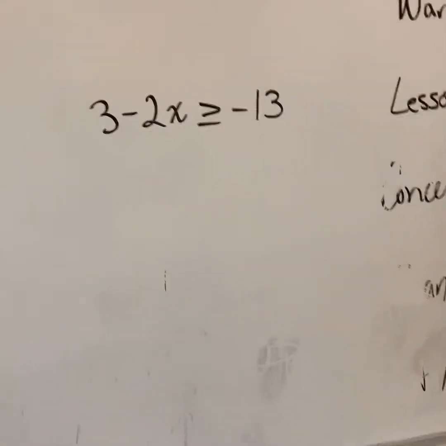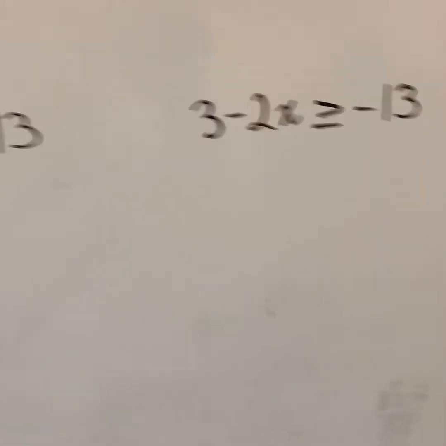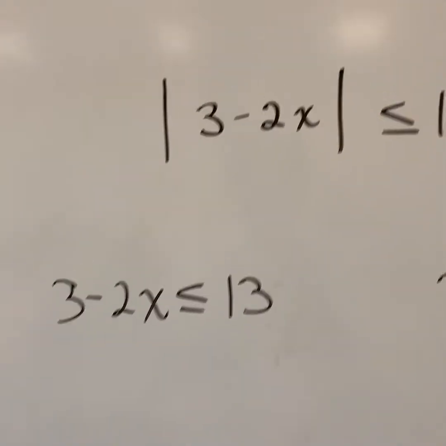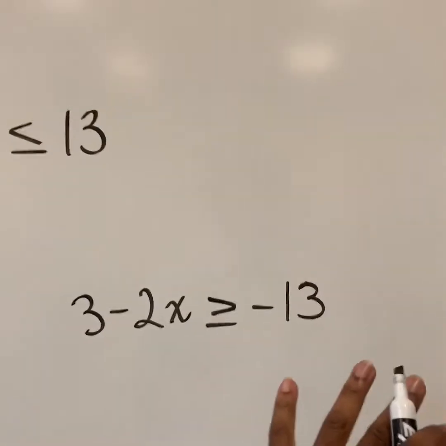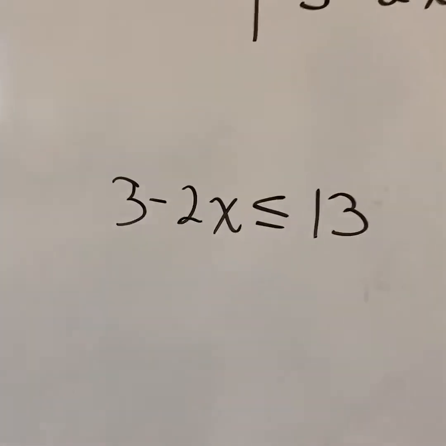Now, the way I'm doing it right now is not like the books like to show it. They like to combine everything as one, but I like to really kind of explain it as two separate things. We're still going to get the same answer. So this comes down as it is, but then you have to think about the whole other side of it when this is flipped. And then you just solve these separately.